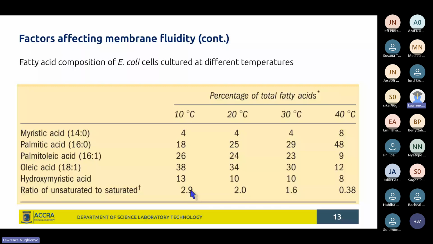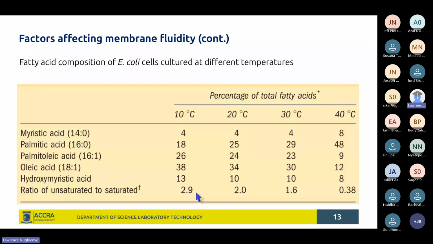Because the low temperature should be resulting in less agitation, less energy for the movement of the lipids. So if there is less energy for movement of lipids, that will mean that there will be less fluidity.